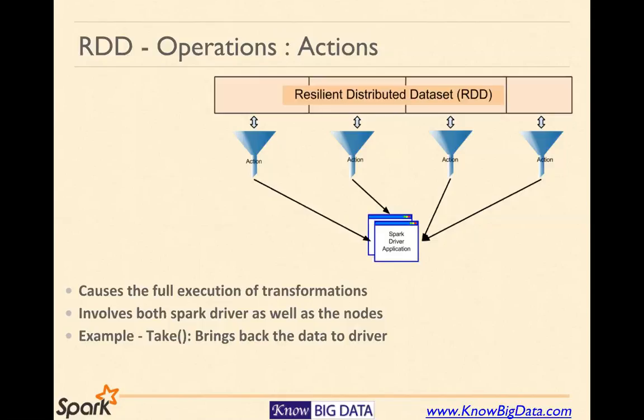So for example, count. What does count do? When you say rdd.count, it will first count on all the nodes and then bring that count to the driver, and the driver will sum it up and give you the result. So even something as simple as count is distributed.